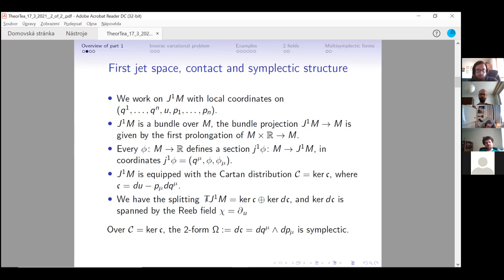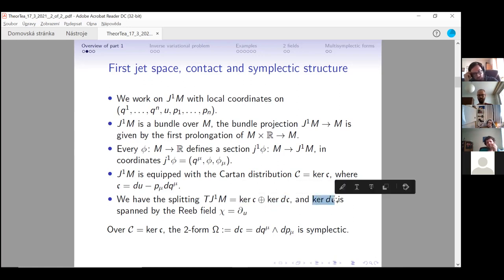And the splitting of the tangent bundle of J1M: every tangent space of J1M can be split into this direct sum. Once you pick a contact form, you can split the tangent bundle of J1M into its kernel and the kernel of its differential. This is the one-dimensional space I was talking about, and this is the distribution itself.